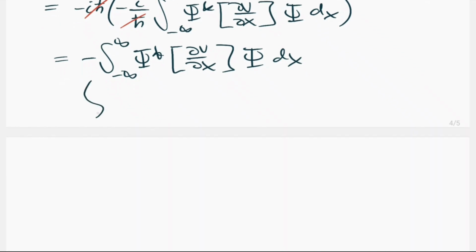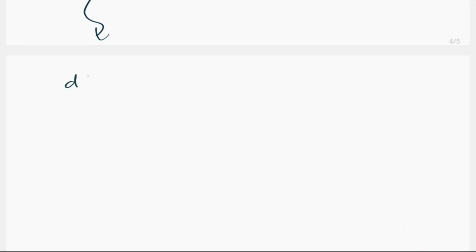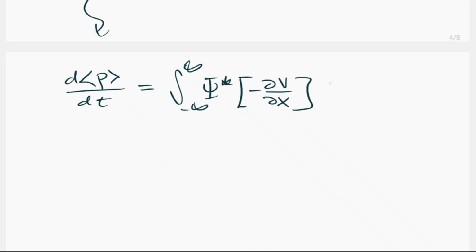Okay, so what did we prove? Well, if we want to write it like this, we can say the time derivative of the expectation value of momentum is equal to the integral from negative infinity to infinity of psi star, and then in the middle we have this negative dV/dx term, and then psi dx.